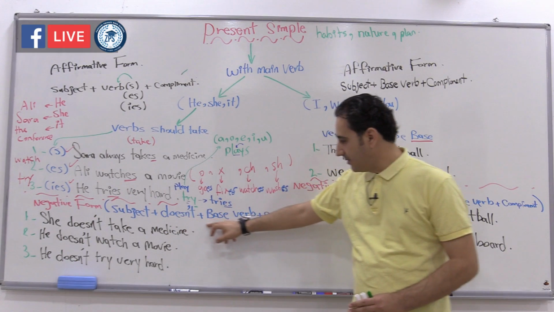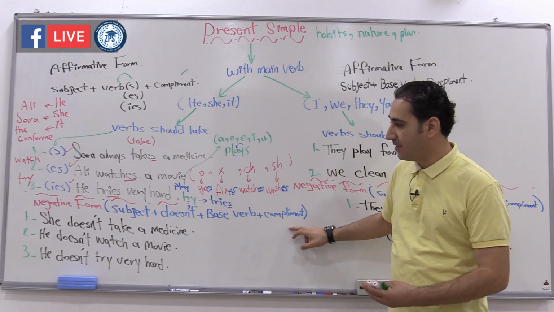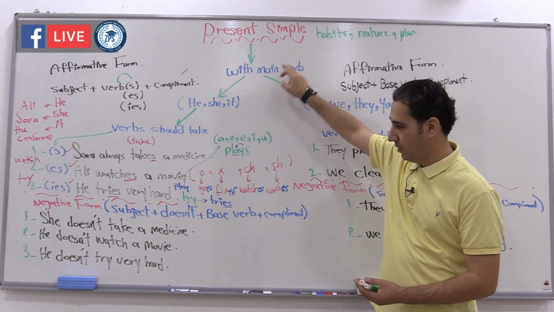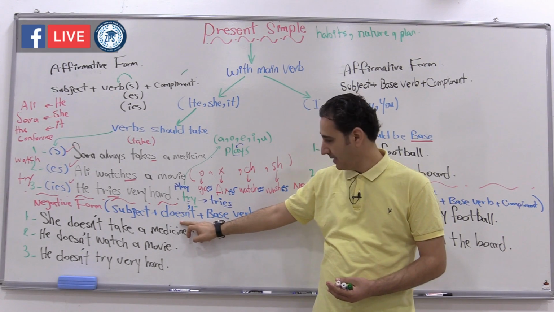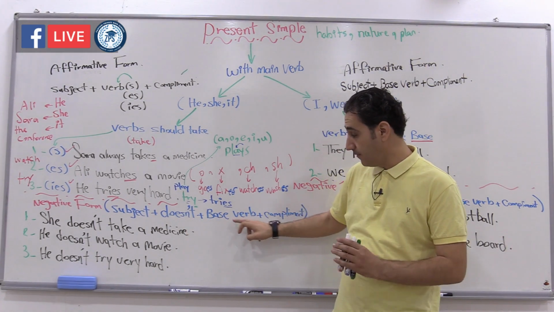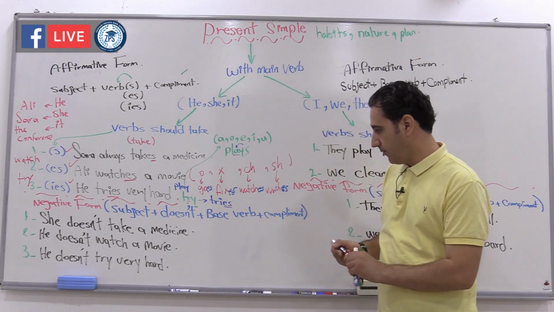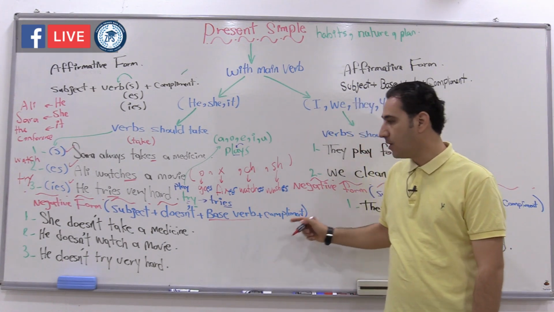We can use this form when we are trying to make a negative sentence with present simple. Subject, doesn't, base verb, be careful about the verb, the base form of the verb, then complement.